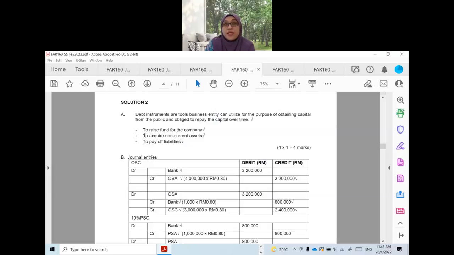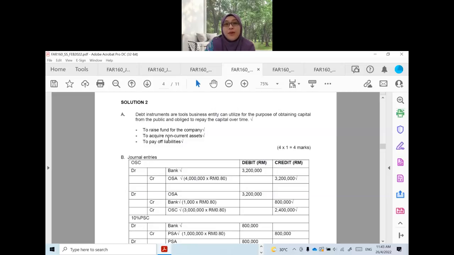For example, if you are involved in manufacturing production, you need to have a sophisticated machine to proceed with the manufacturing process. So the cost of the machine is quite pricey. If you don't have enough money, you can borrow, and the money from the loan can be used to acquire the assets.